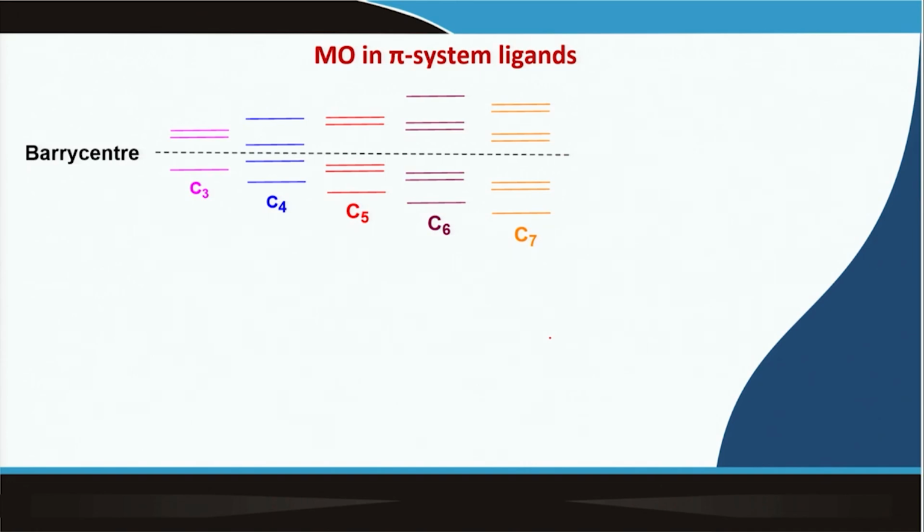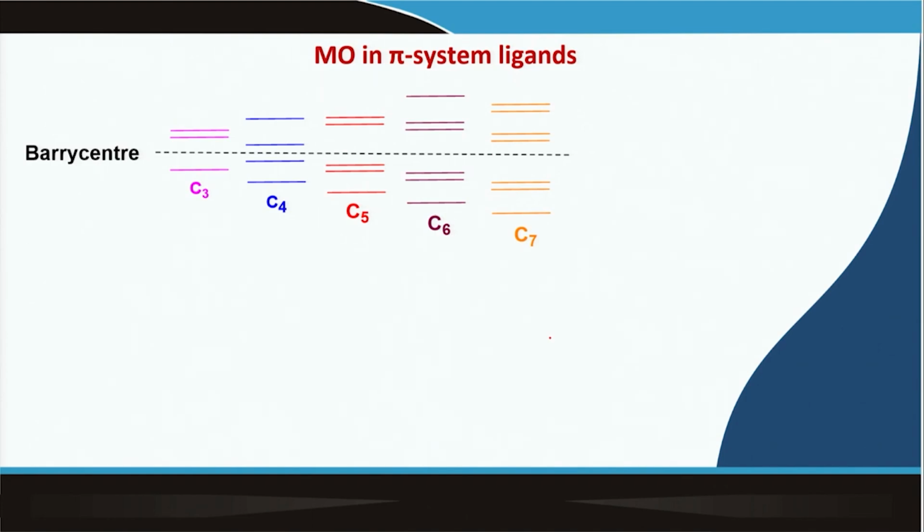So now we will discuss the molecular orbitals in the pi system. This will help us understand the bonding between the metal center and the Cp ligands. Let's start from a small system and then apply it to bigger systems.